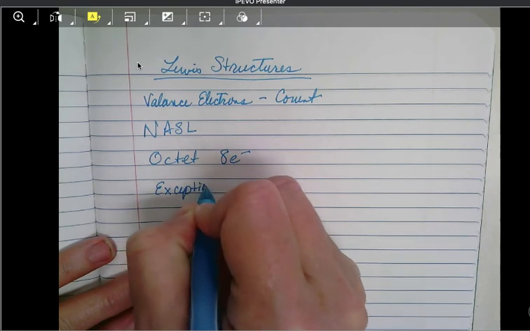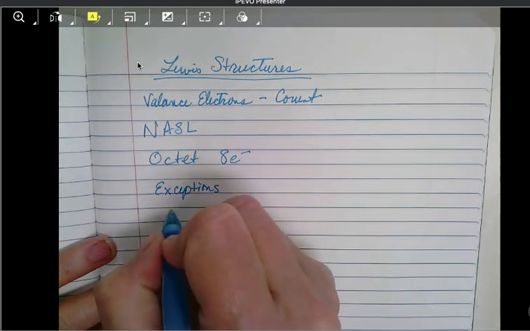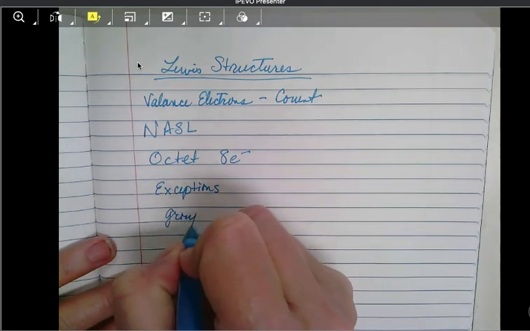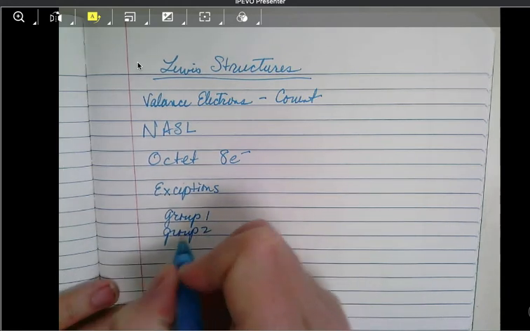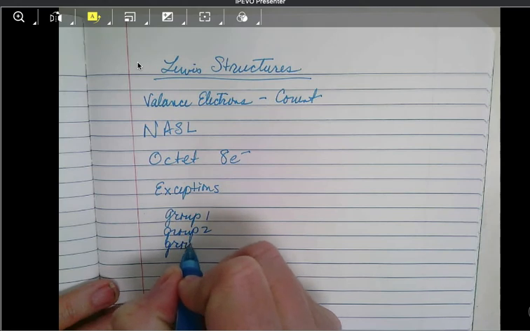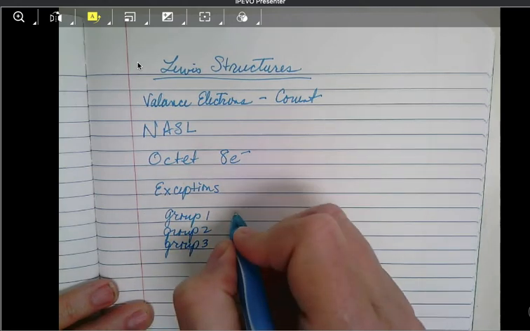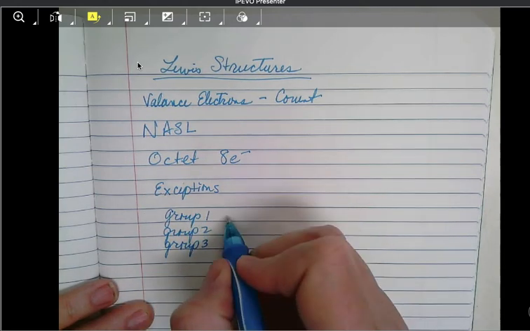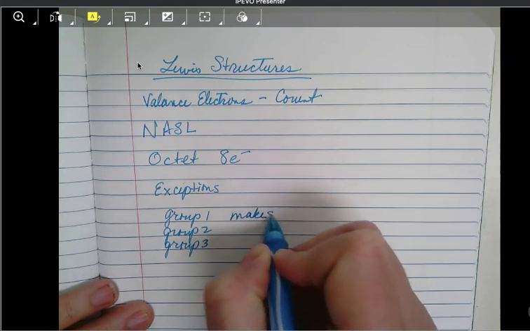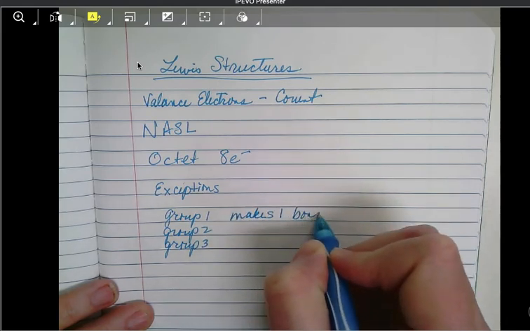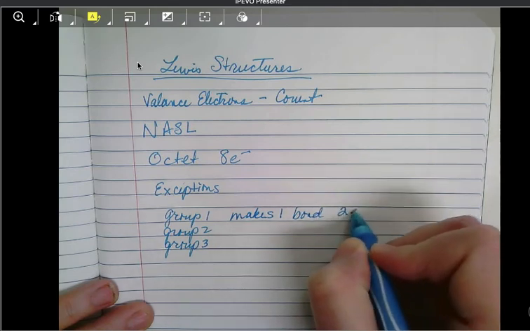And those exceptions are group 1, group 2, and group 3. These are like hydrogen. Group 1 only makes 1 bond and it shares 2 electrons.